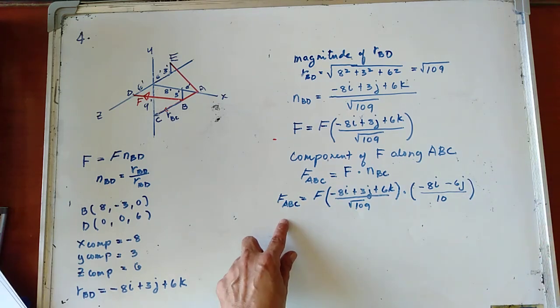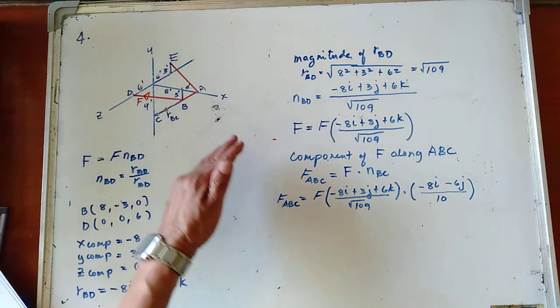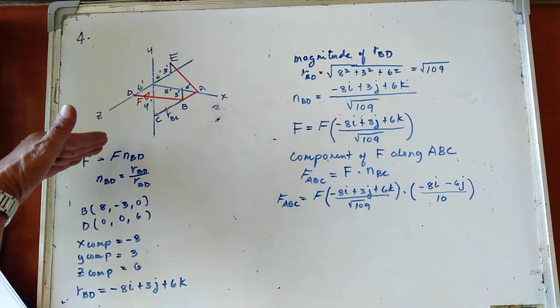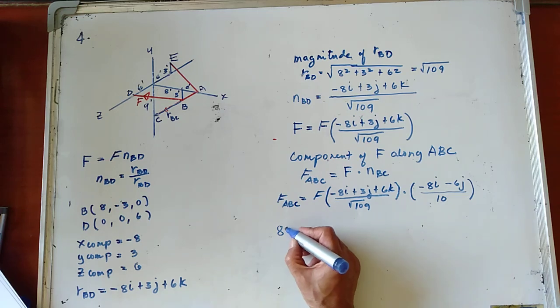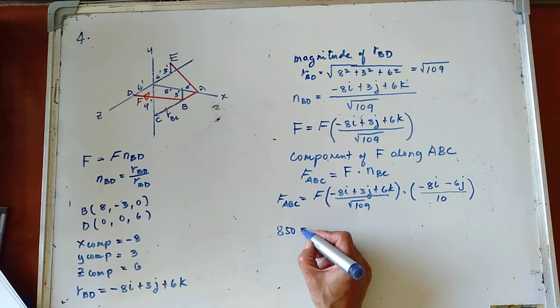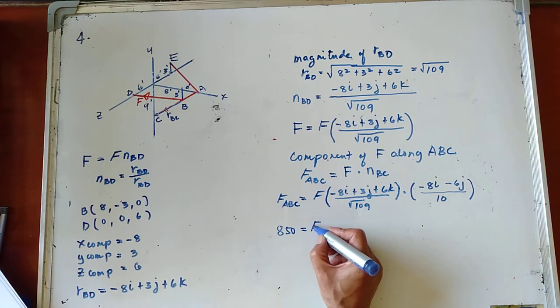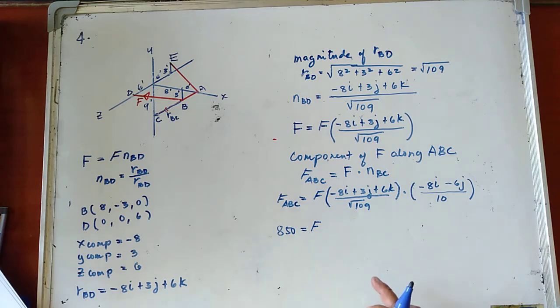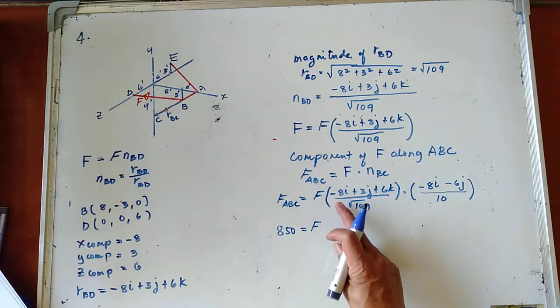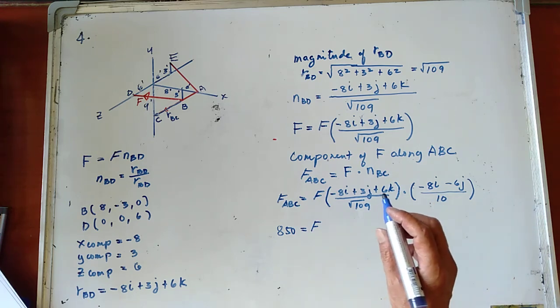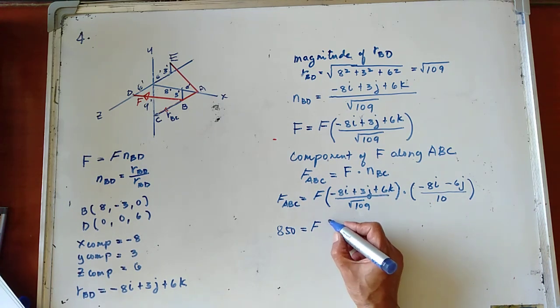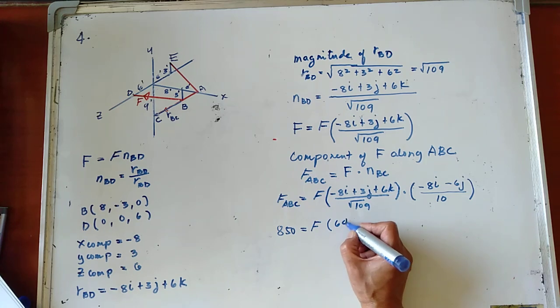Now, the component of this vector in the direction of ABC is 850 pounds. And this is therefore equal to the magnitude of that vector. So we have 8 times 8, positive 64.